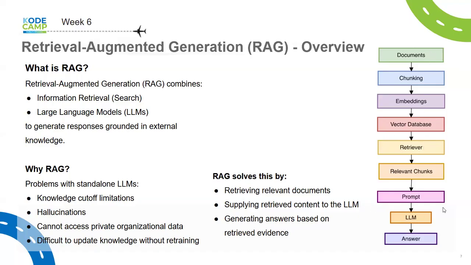Then you now have the second phase, which is the retrieval. When somebody is interacting with your application and is trying to retrieve information or query the large language model or the agent, the person will type a prompt.